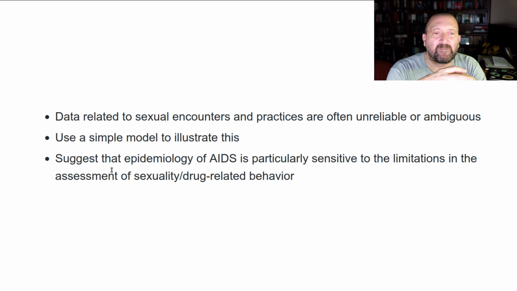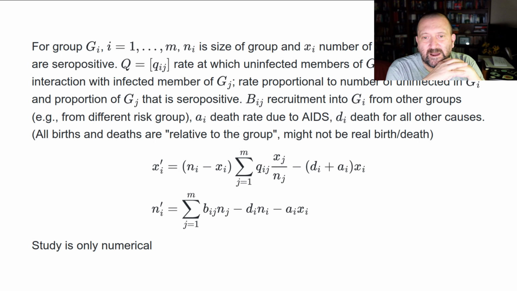The interesting thing here is that the conclusion they drew was that the epidemiology of AIDS was particularly sensitive to your capacity to assess the sexual or drug-related behavior, and that given that we have very little understanding of this or very little data, it makes predictions very complicated. So what they had is this nice little group model that I did not know.